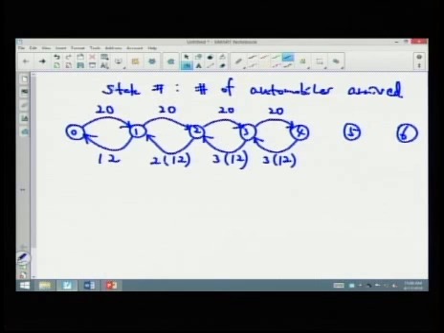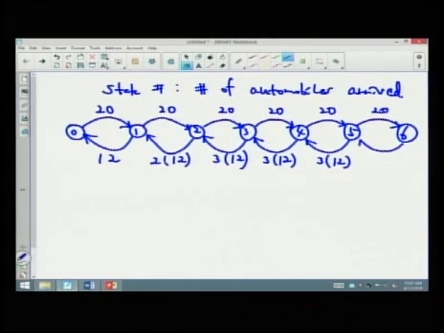Even though there are 4 automobiles in the gasoline station, only 3 of them can be serviced, right? Which means the 4th one will be in the waiting line, okay? Same way, the arrival rate is 20, and the service rate is 3 times 12. And 20 and 3 times 12. Okay? So this is our transition diagram, the Markov chain model of the given problem. Does that make sense? Okay?